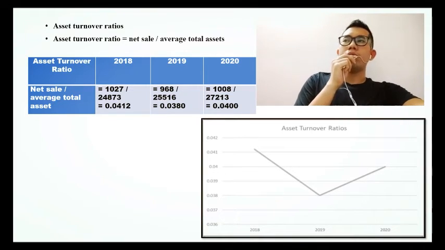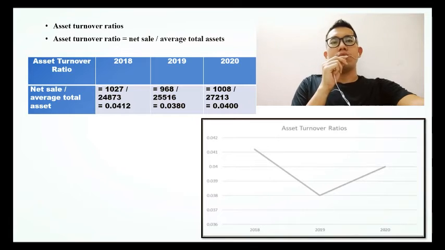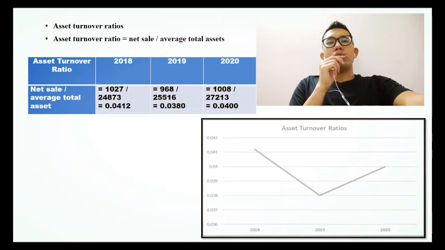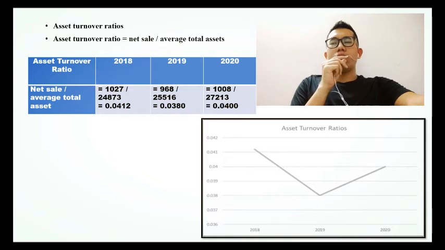So I will present about asset turnover ratio. For 2018, 2019 and 2020, it is net sales over average total assets.